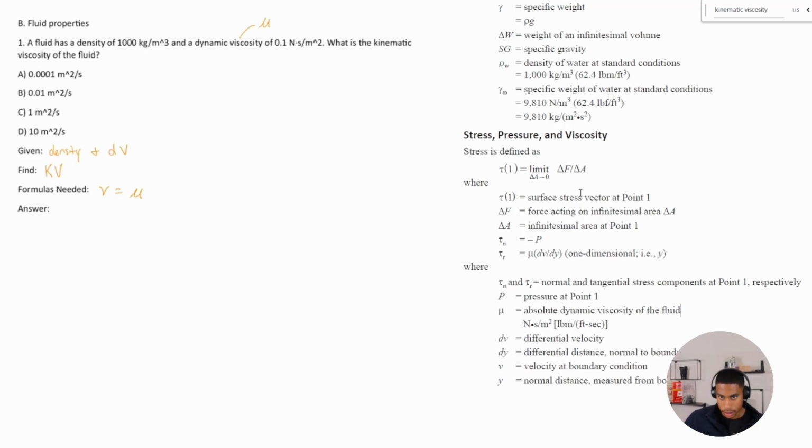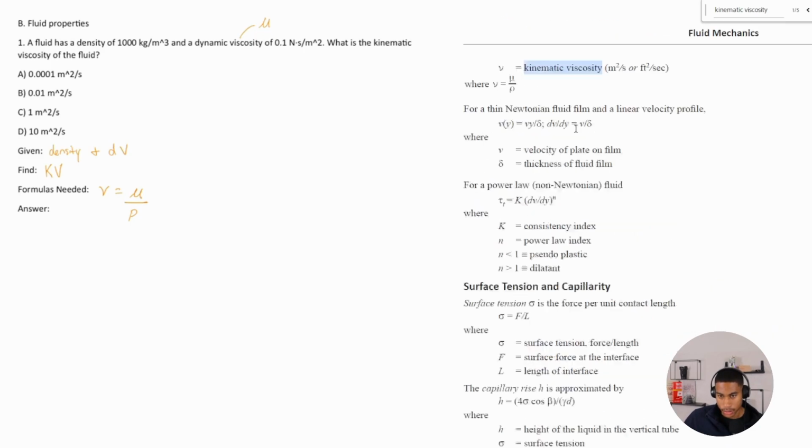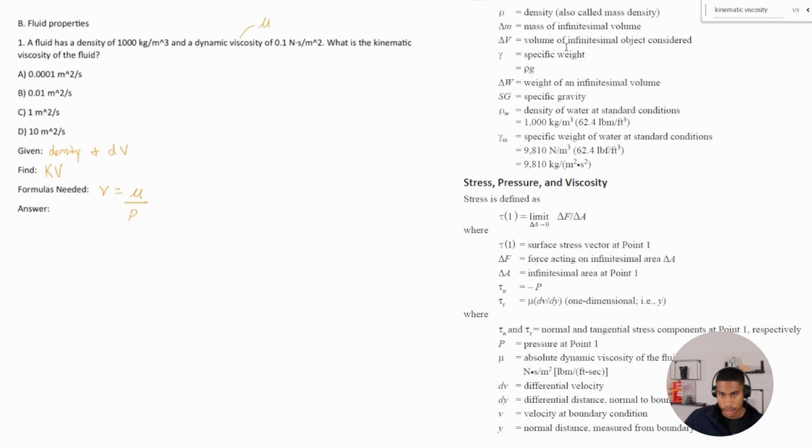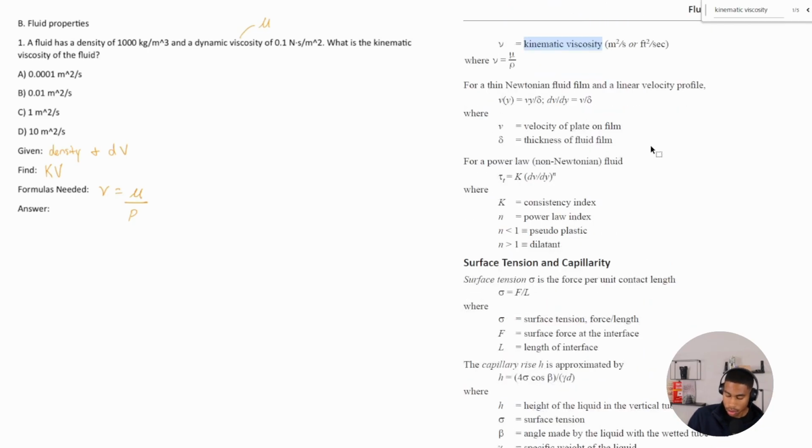And then it's all over density. And we know from this formula, density of the fluid is the P. It tells us in the handbook. So this is our P.